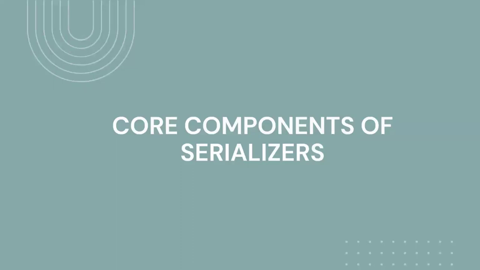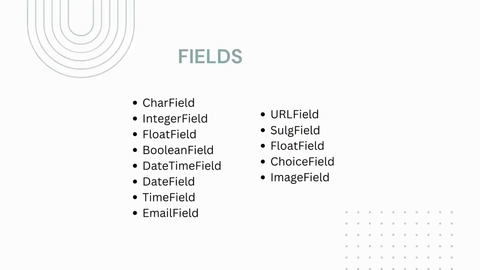The next is core components of serializers. Here are the fields used in Django serializer. First, the character field. This is for storing strings of characters like names or descriptions.